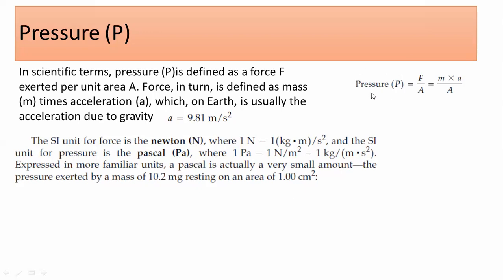So one unit is the Pascal, and the other unit is the Newton per meter square. And the third unit is, because the meter square is the same unit within a unit, these are going to cancel out. The third unit will be the kilogram per meter per second square.